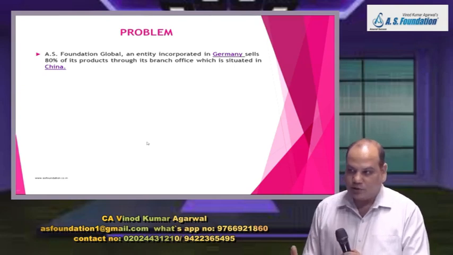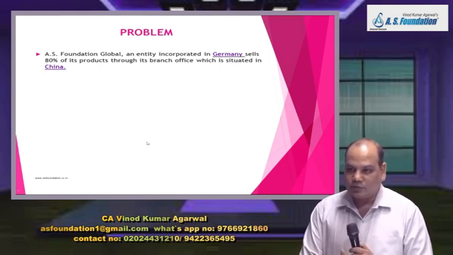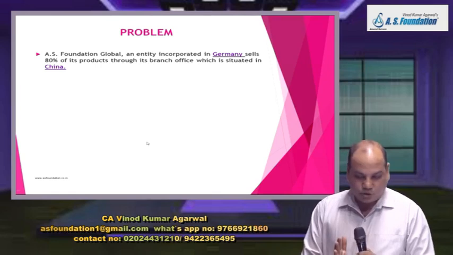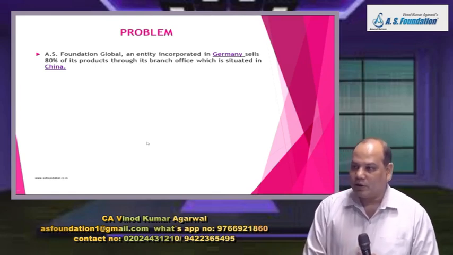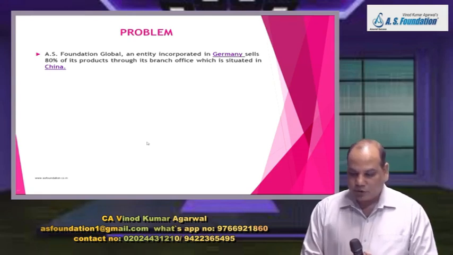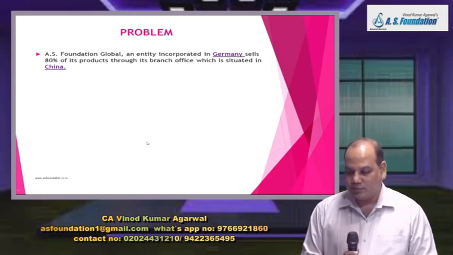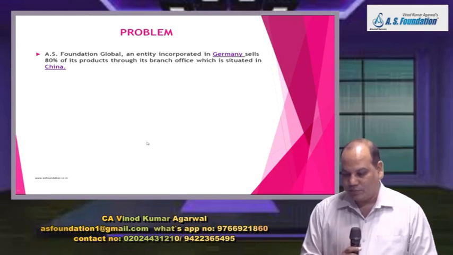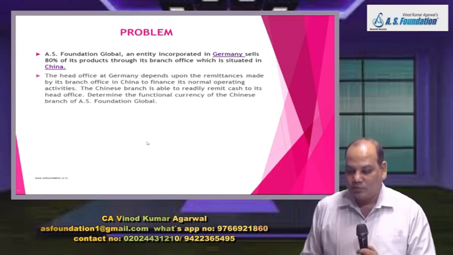That means other conditions are not conflicting with this condition, because information given to us is very limited. Next question below that: AS Foundation Global, an entity incorporated in Germany, sells 80% of its product through its branch office which is situated in China.